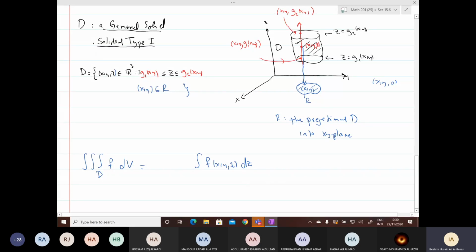What are the limits of Z? G1 to G2, the lower surface to the upper surface: G1 of xy to G2 of xy.